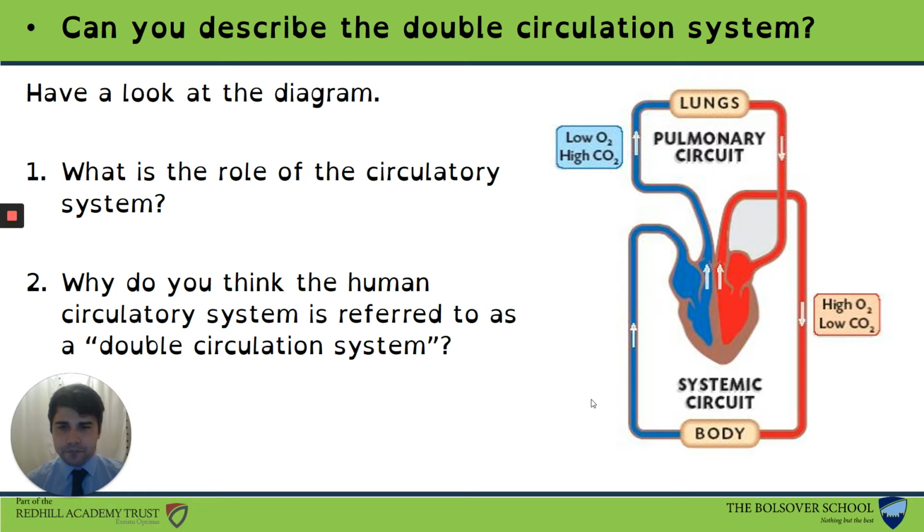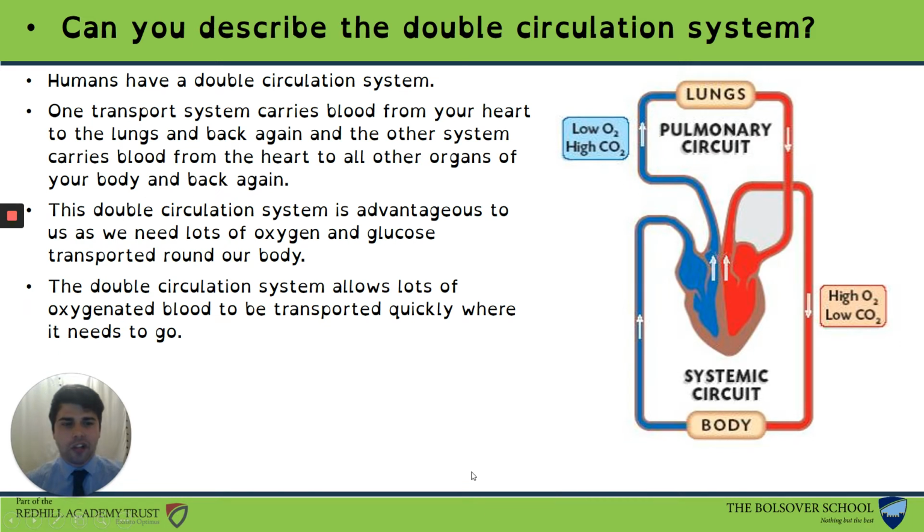So why do we think it is called a double circulation system? Well, if you have a look at the heart on that diagram, you can see that the heart is actually divided into two. The septum of the heart, that is a thick muscular wall in the center, actually creates two separate pumps. Okay, so you've got two transport systems.